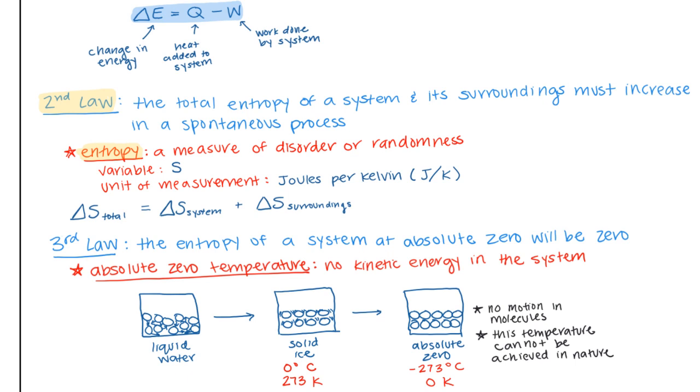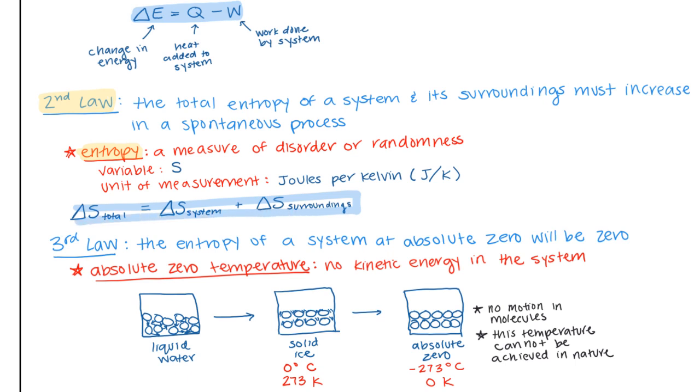So entropy simply describes how randomly those particles of matter are structured in our universe. Our variable for entropy is a capital S, and our unit of measurement for entropy is joules per Kelvin, which we represent with J/K. And finally, this second law of thermodynamics also gives us this equation.